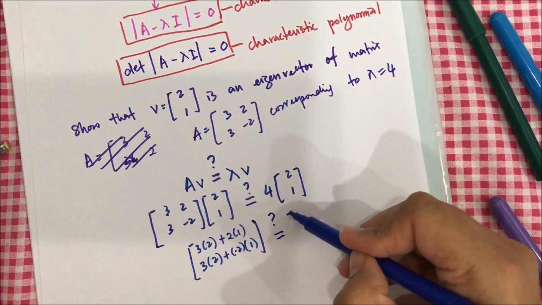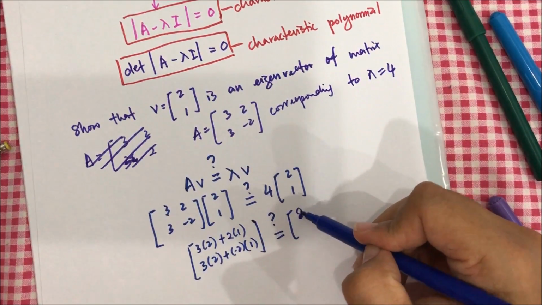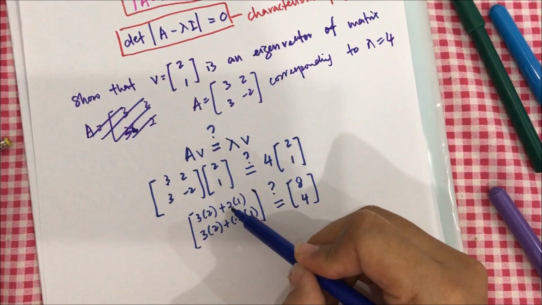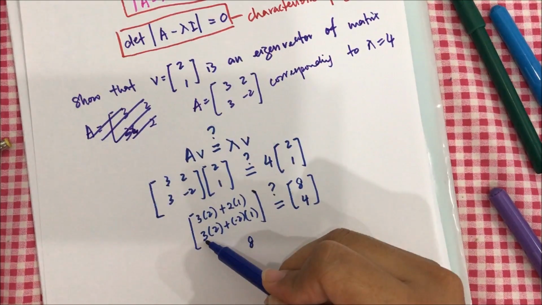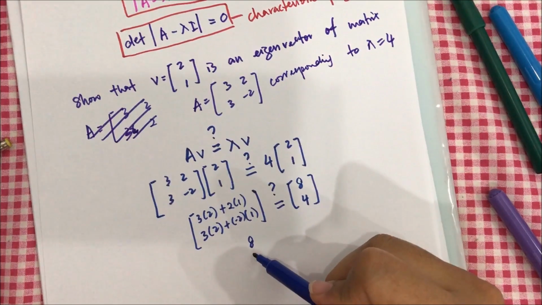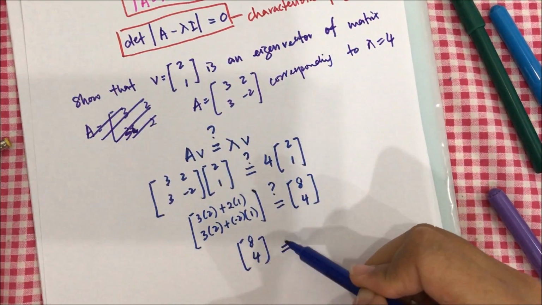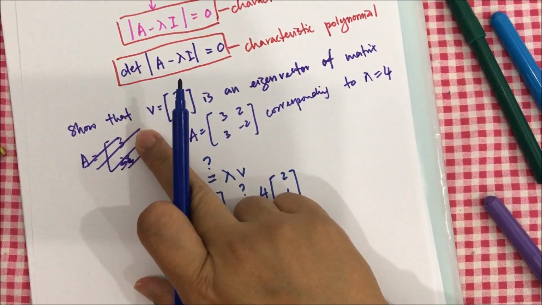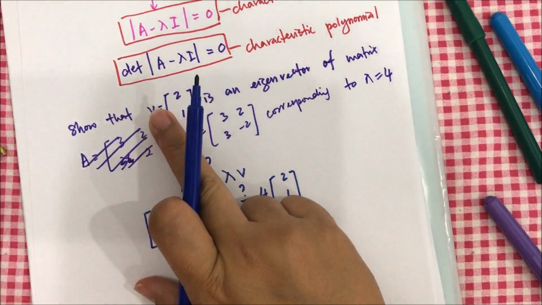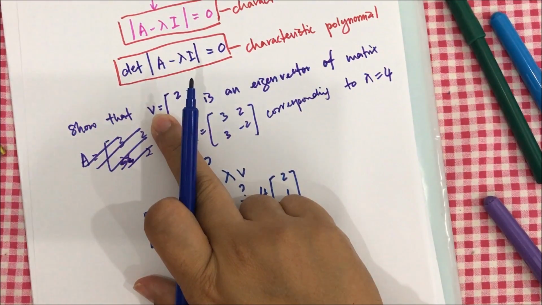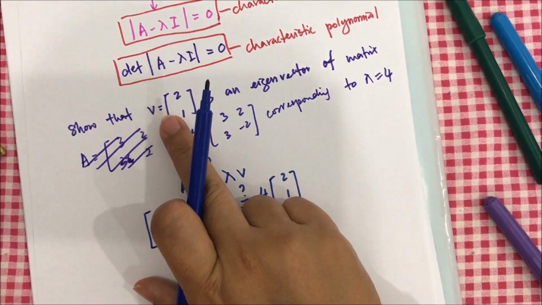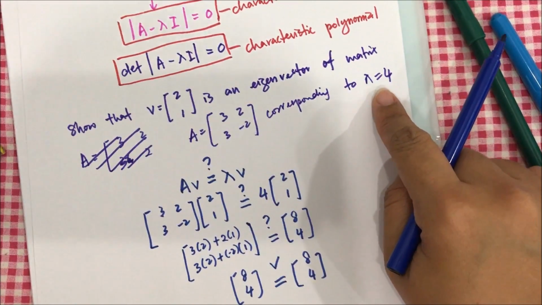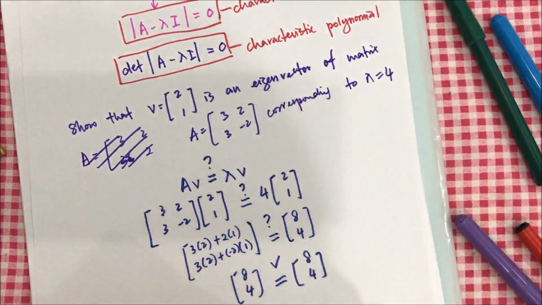Is it the same as 4 times 2 is 8, 4 times 1 is 4? So 6 plus 2 is 8, and 6 minus 2 is 4. So yes, this is an eigenvector of the matrix A corresponding to the eigenvalue 4.